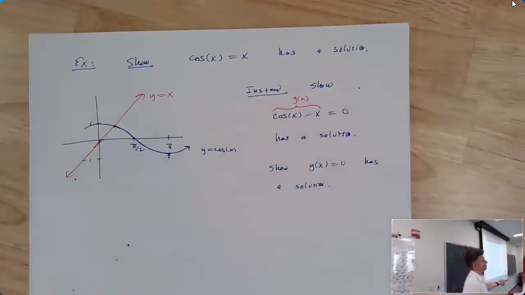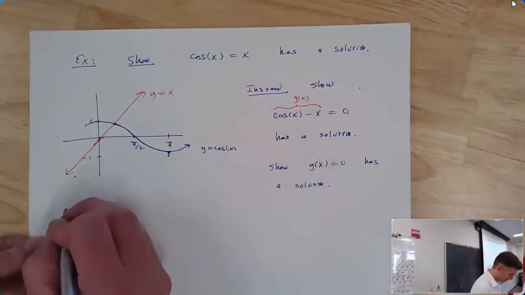One, I wouldn't say showing, I would say observing, making a note that the function is continuous, at least on the interval that we're going to use. Two, finding a place where it's positive and a place where it's negative to show that it has to go through 0. And three, writing it all up.